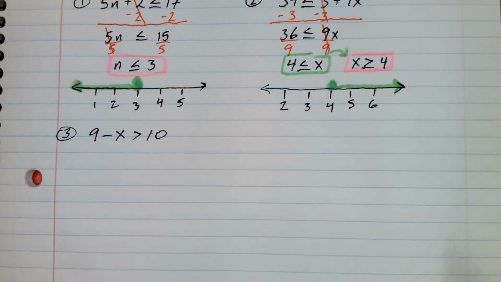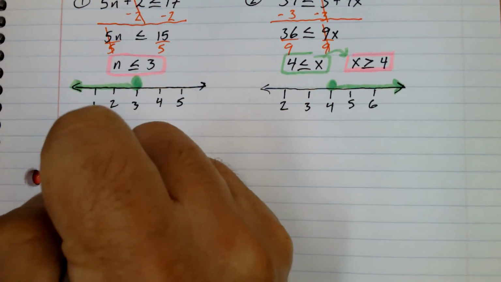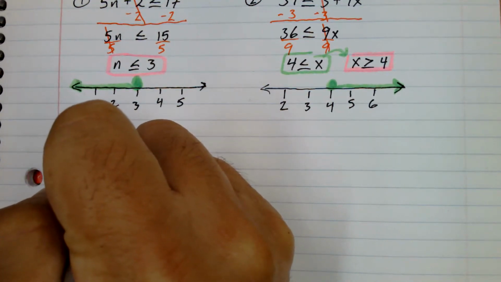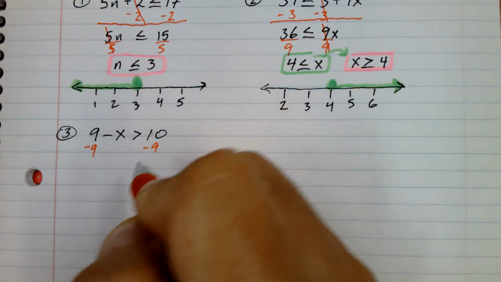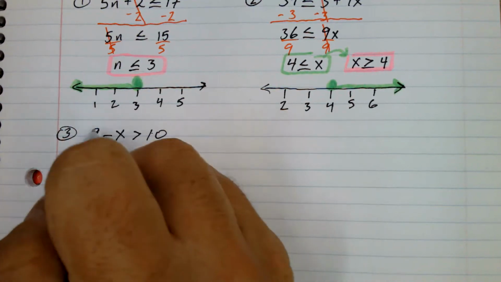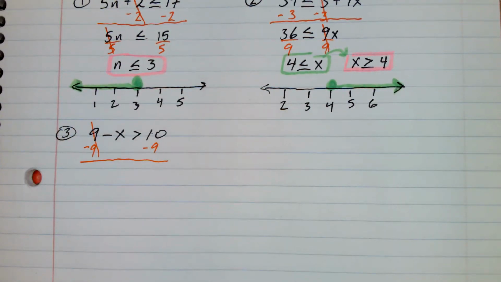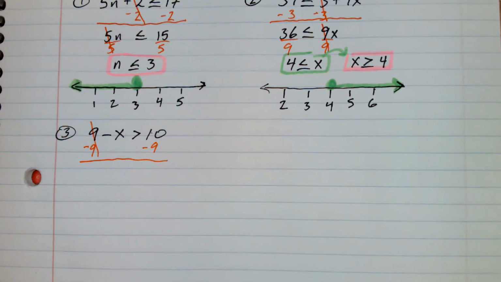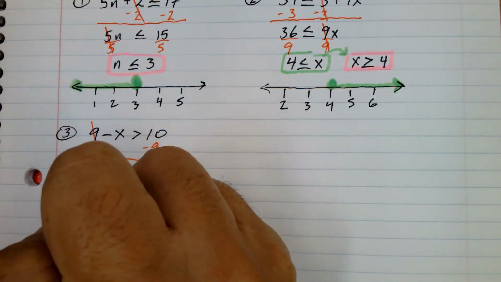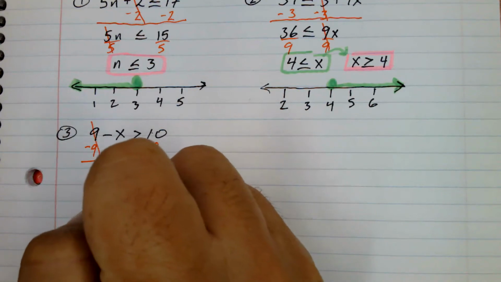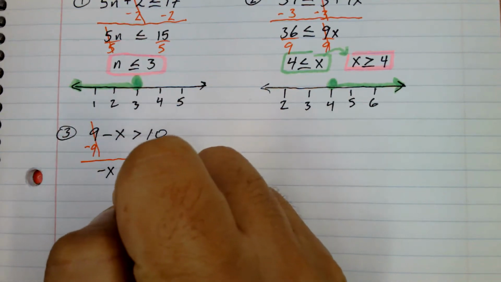It's positive. I want to undo that, remove it. So even though it's subtraction, the number itself is positive, so I would put a minus 9. Yeah, we subtract 9. Okay? And then bring down the negative x is greater than 1.